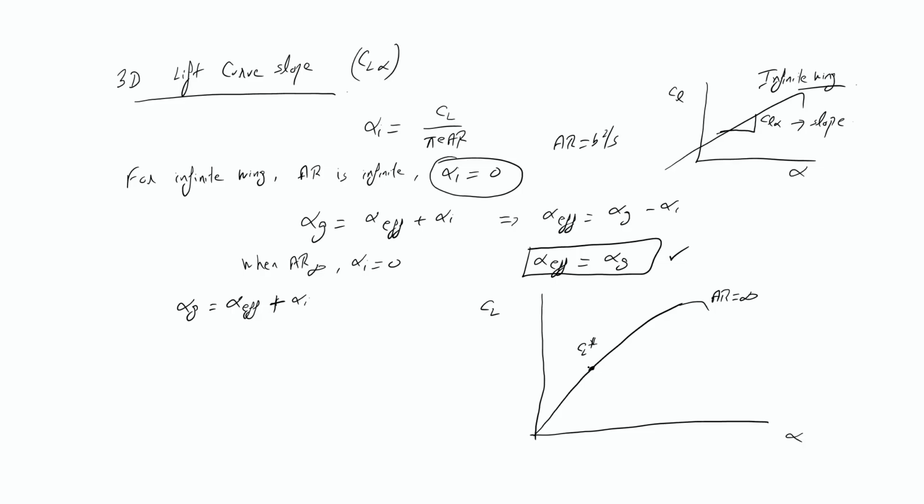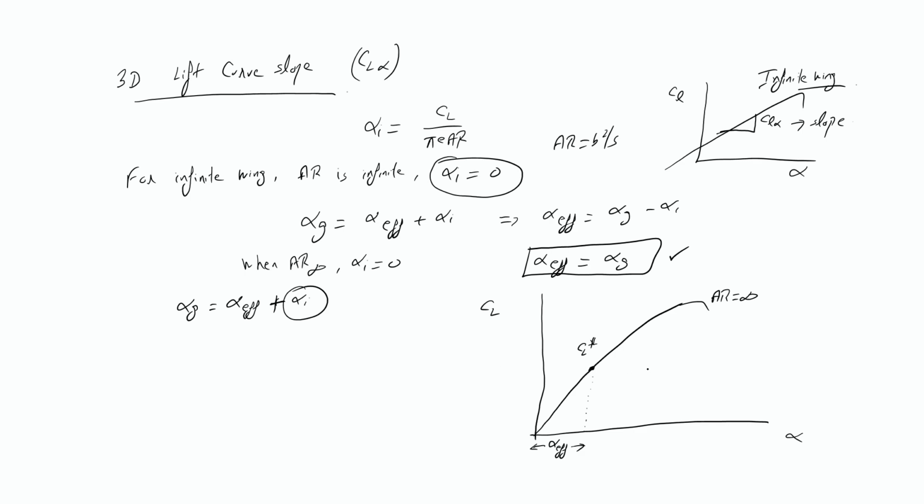So to produce this CL star, this angle of attack was required, which is alpha effective. Okay, so this is for aspect ratio equal to infinite. Now for a finite wing, for the same CL star, the angle of attack has to be increased by how much amount? By alpha I. Okay, so if you want to produce the same CL, in this case CL star, the angle of attack has to be increased by alpha I.